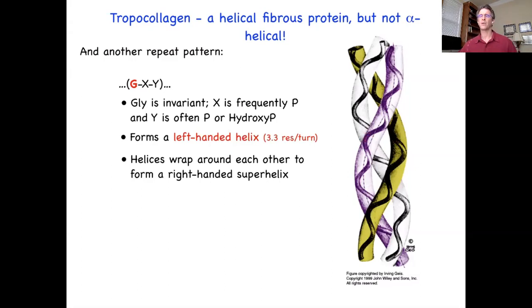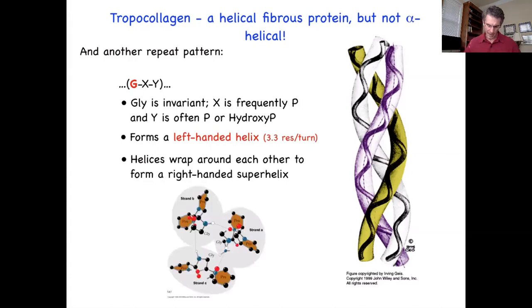Now, unlike with the keratins, where that coiled coil was held together by that hydrophobic stripe as those helices wrapped around each other, in collagen, what's holding this helical unit together is a set of hydrogen bonds right down here in between the glycine residues, right, the backbone of the glycine residues, down in the core of the protein, right?